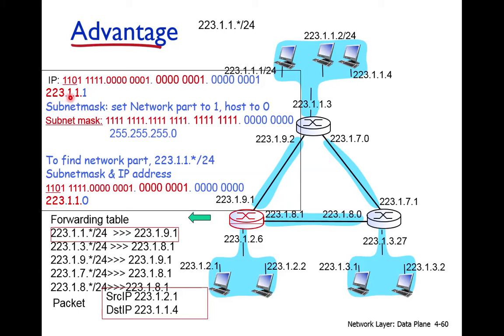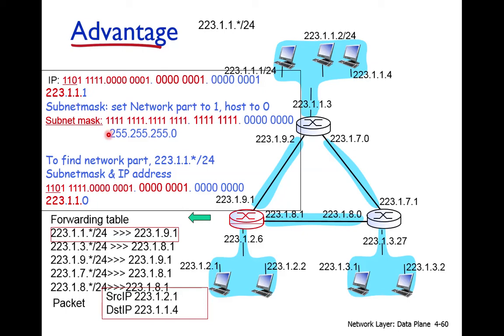You can see that the first byte is set to 1s, the second byte is set to 1s, the third byte is also set to 1s, and all the host bits are set to 0. So the last byte is set to 0. This is the binary representation of the subnet mask for this IP address.